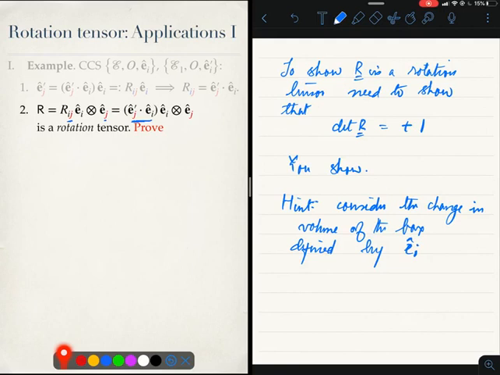So E1, E2, E3 define a box. Consider the change in volume of this box defined by Ei under the action of R defined by this. Okay, so that I leave to you. In the end, you will find that R is indeed a rotation tensor.